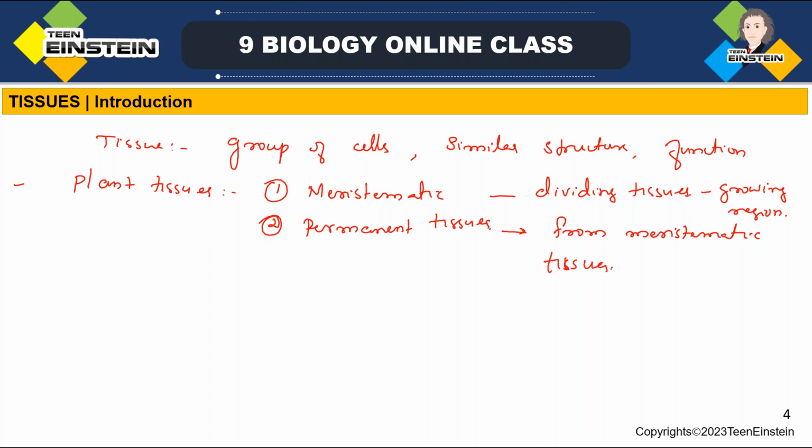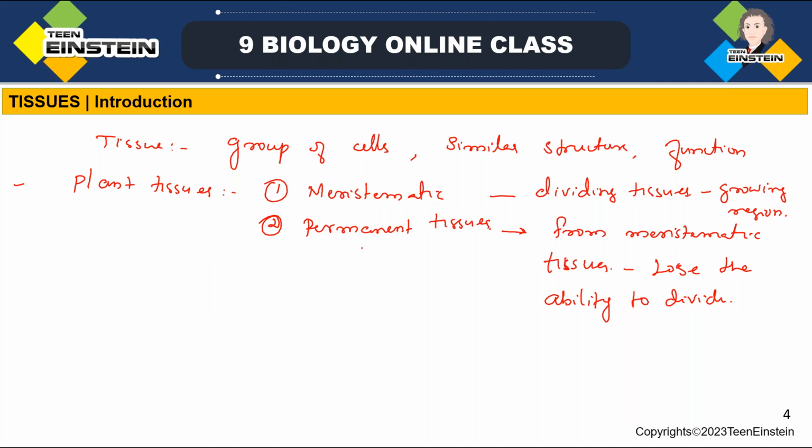Once they lose the ability to divide, they form a permanent tissue. After some time, the meristematic tissue will lose the ability of division, and those tissues will get converted into permanent tissues.